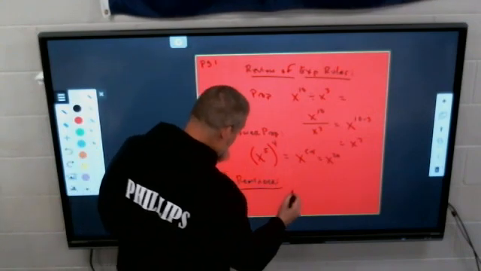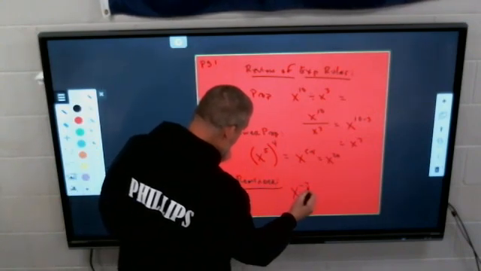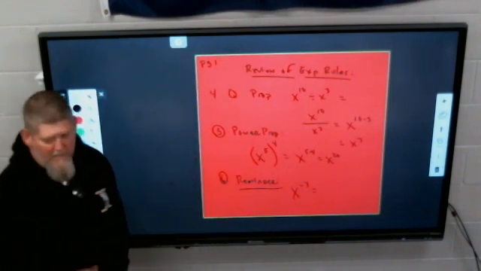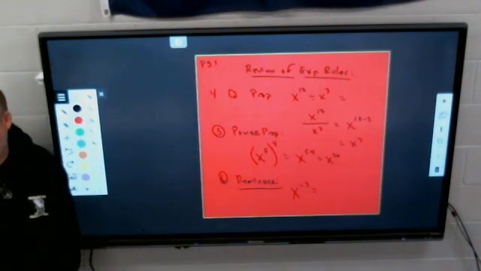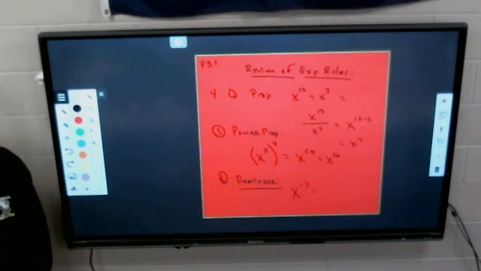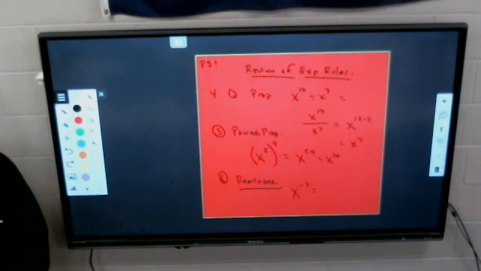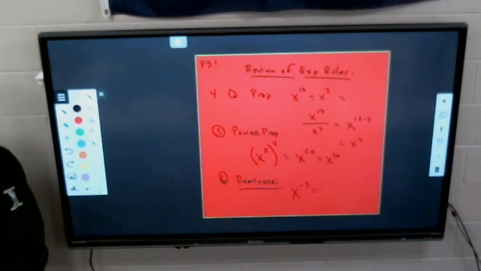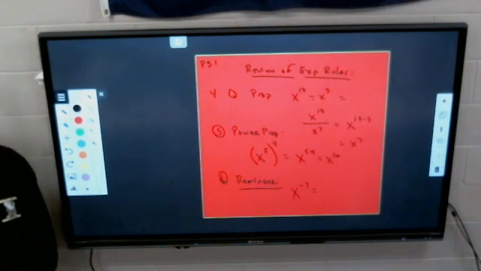If I give you x to the negative 3, what does that negative exponent tell me to do? Anyone? Divide.